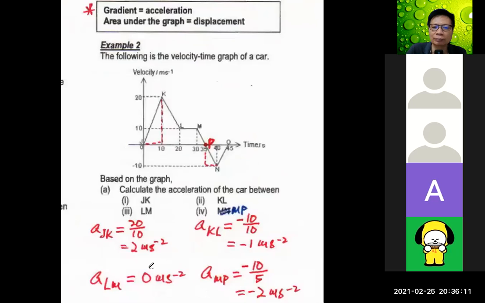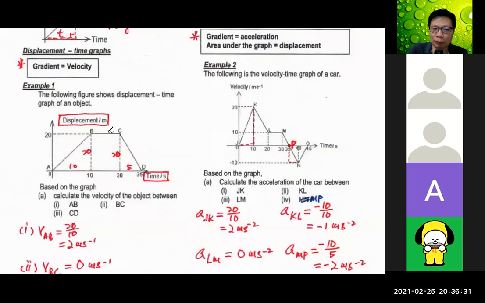Acceleration is 0. Here there is no acceleration. But one thing, students: 0 acceleration means no acceleration only. Do you think this object stops moving here? No. It does not stop moving, it's still moving, you know. Unlike just now, where we said the object stopped moving.